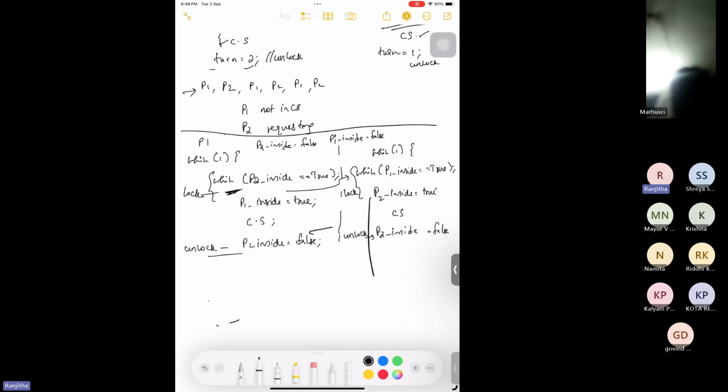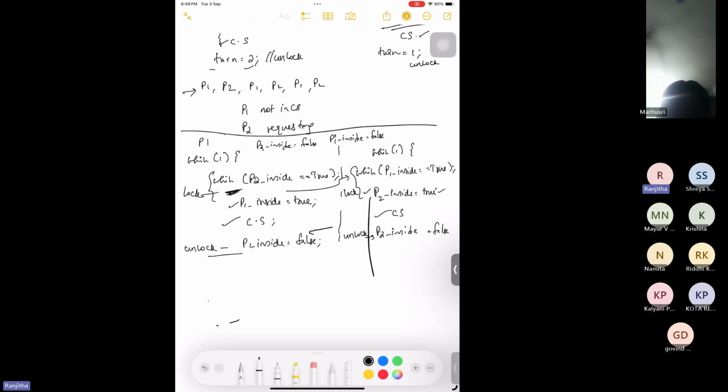Now if a context switch happens before P1 sets that it is inside its critical section, then P2 will check that P1 is not inside, and P2 will also enter here and make it true. When it comes back, it will come here, so it can happen that both of them are in the critical section at the same time.